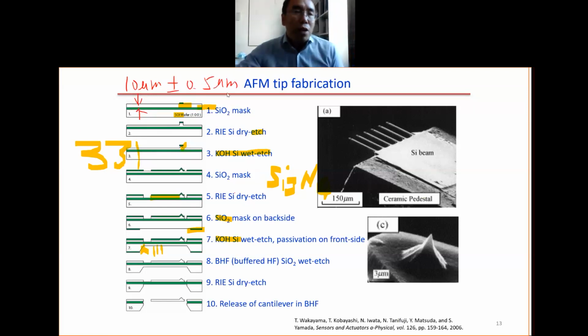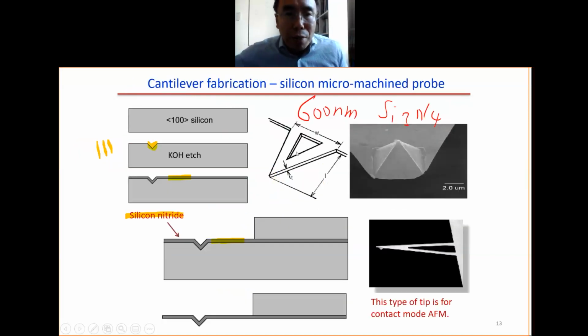It's very inaccurate. If you etch the silicon and leave behind 3 micrometer, then it will become 3 plus minus 0.5 micrometer. It's very inaccurate. But in this case, the cantilever thickness is determined by the film thickness. It's very well controlled. That's why you can get a very thin cantilever.